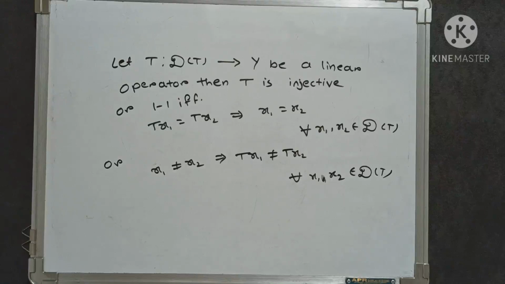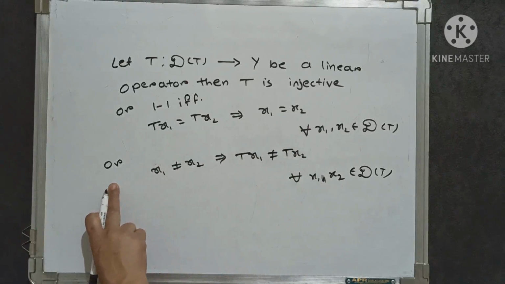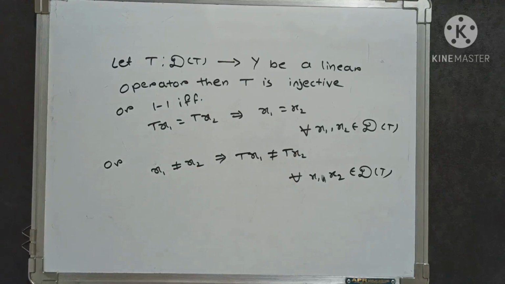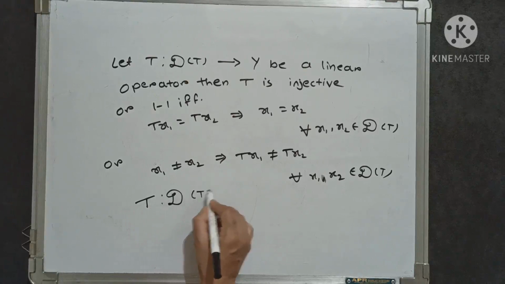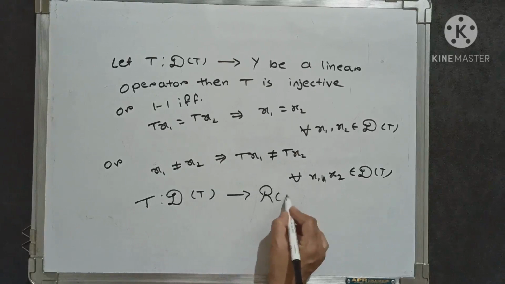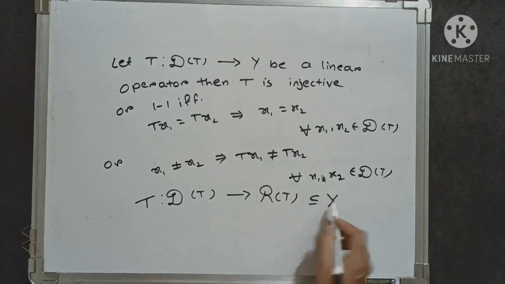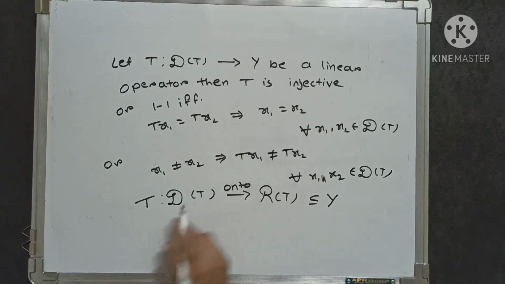This is the definition of the injective or one-to-one operator. The linear operator is said to be one-one if and only if images are equal implies that points are equal, or another condition is that if points are distinct, then their images are distinct. Now here we know that the linear operator capital T, from script D of T to script R of T, the range of the operator T, which is always contained in Y, is always an onto map.